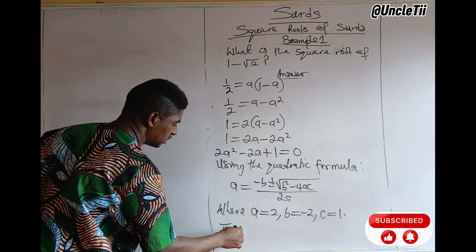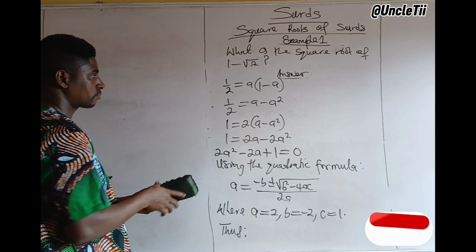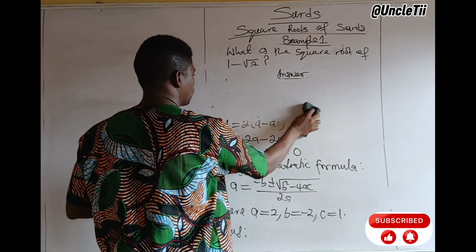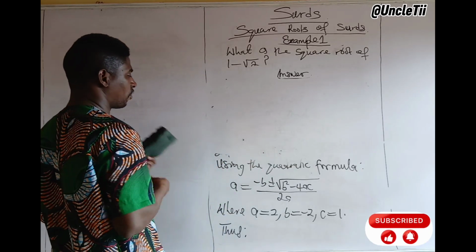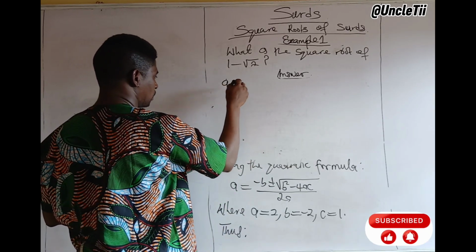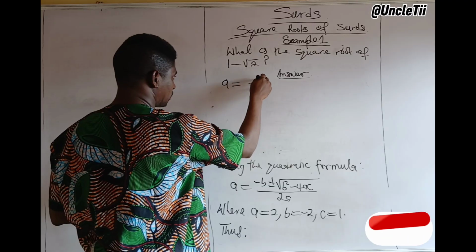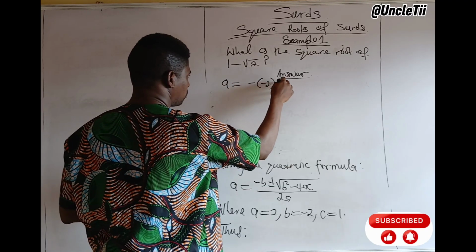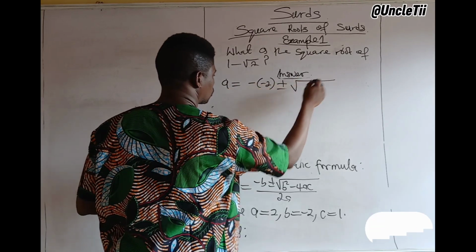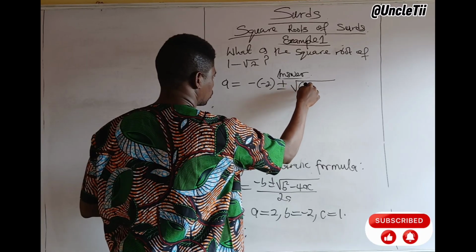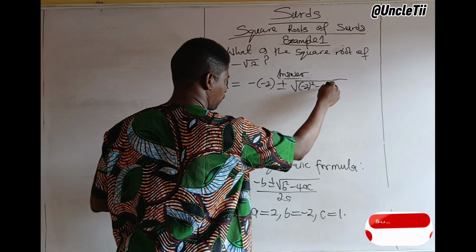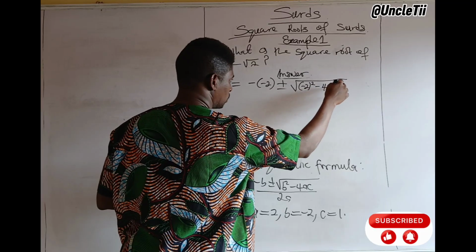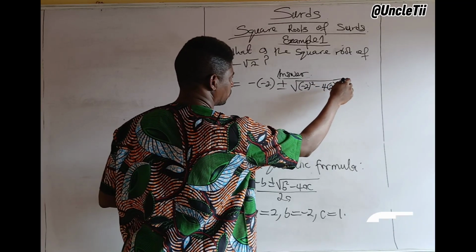So it thus means that A that we are solving for will now be minus minus 2 plus minus square root of minus 2 squared minus 4 into A 2 into C 1.